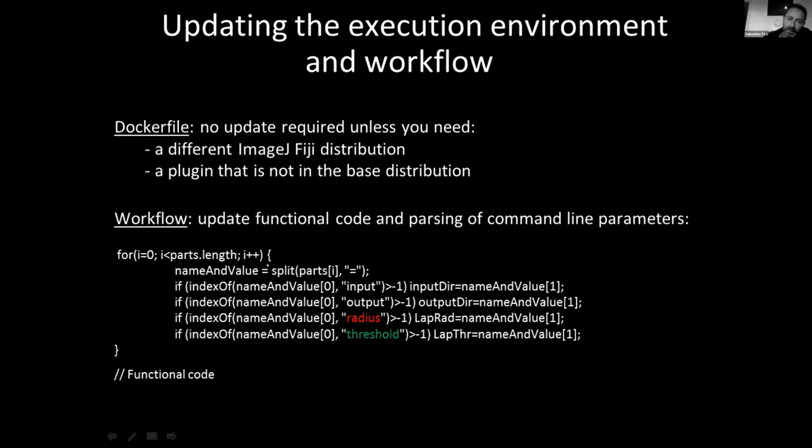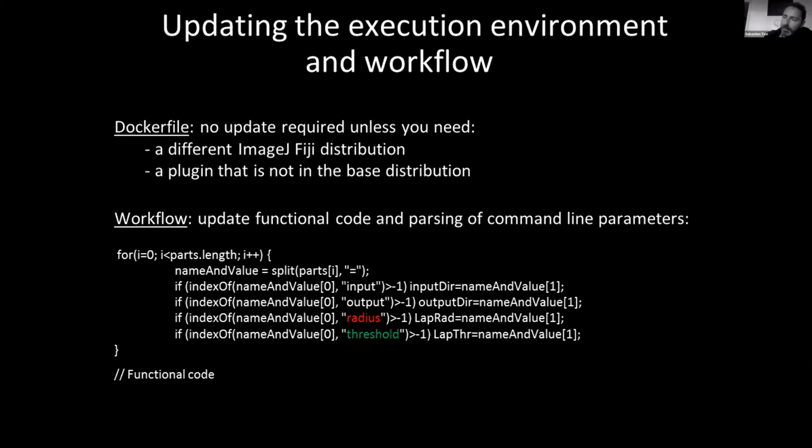As you can see, we have this loop where we are reading the parameters, splitting them, and then retrieving, in that case, 4 parameters. The first 2 are fixed. You should never change them. It's a convention we use in BIAFLOWS: the input and the output folder, that I mentioned before.